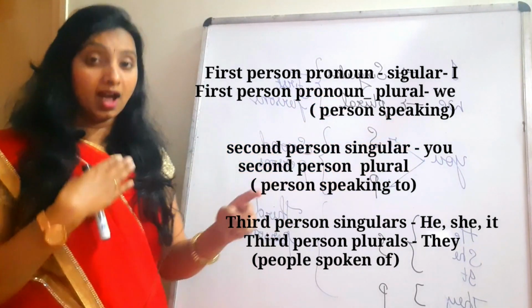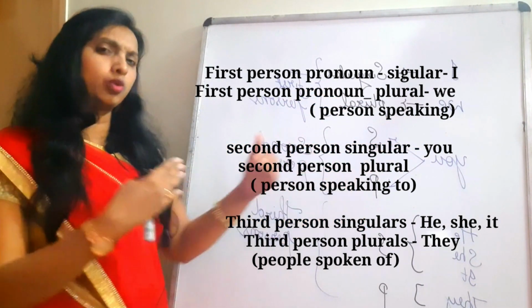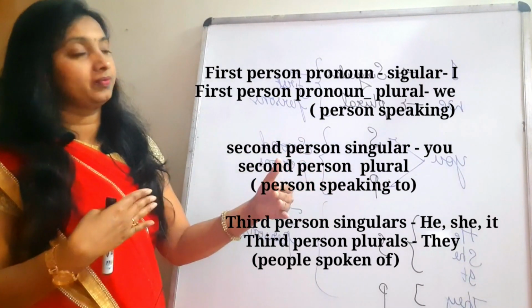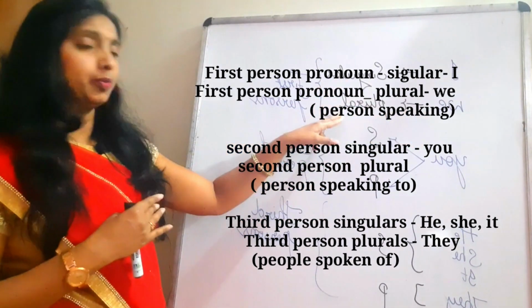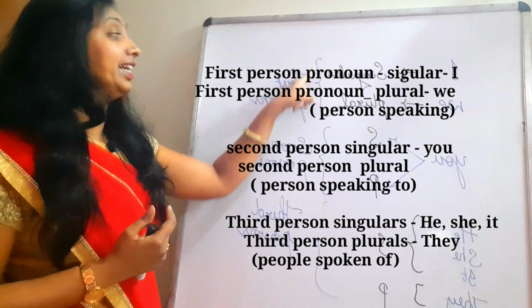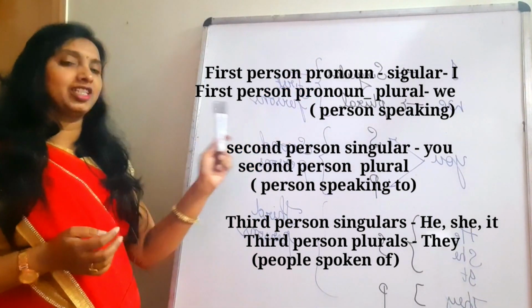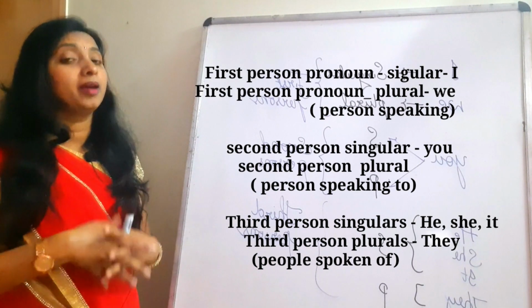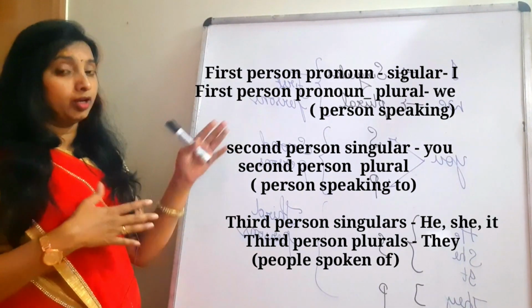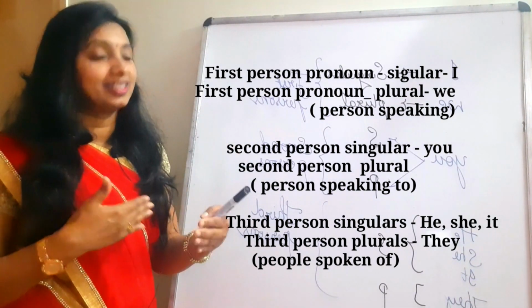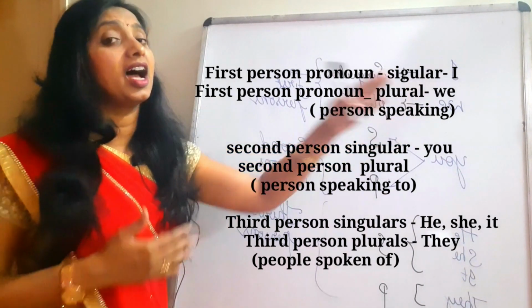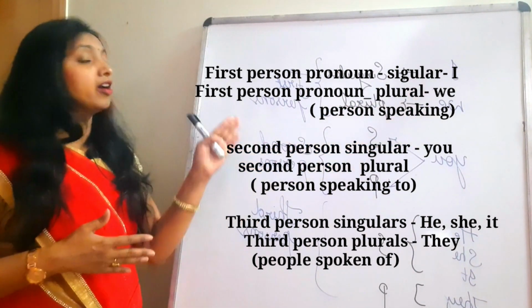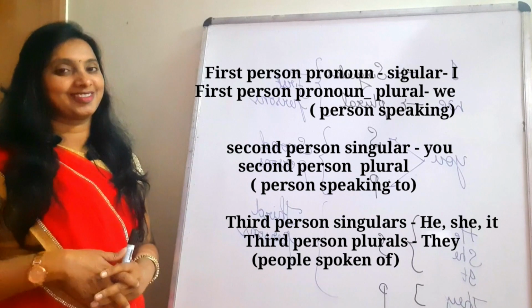We, I and one more person, together we say we. So, this becomes plural. And these two are called first person pronouns. Why first person pronouns? Because these are the people who speak. So, these I and we are first person pronouns.